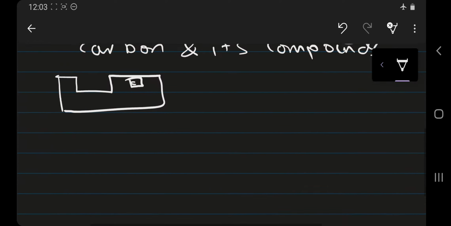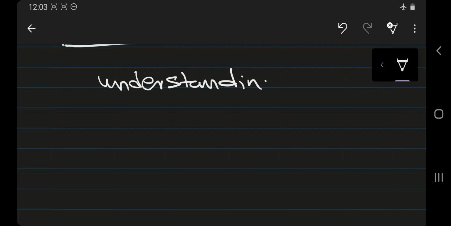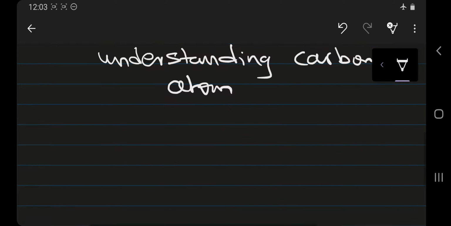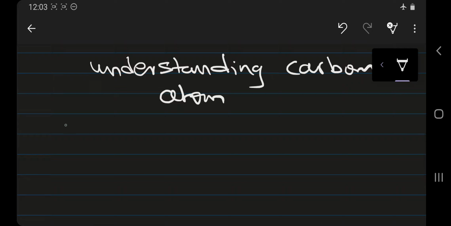For the purpose, let's start with this simple introductory understanding of the carbon atom. Now this carbon atom, represented by this C, has atomic number 6 and mass number 12. Now what is atomic number?